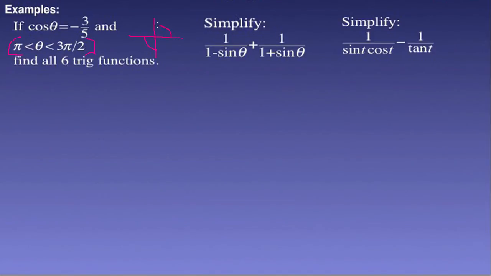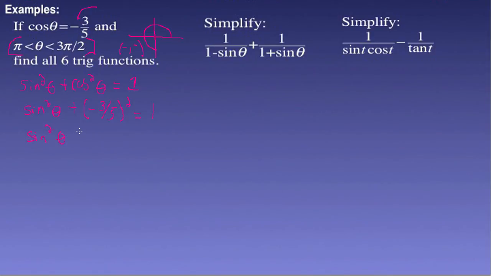I started here, and I'm going to wind up somewhere in quadrant 3, which means both parts of the ordered pair, both the x and y, are going to be negative. So far that makes sense because cosine, which is x, is indeed -3/5. If I use my identity sine squared theta plus cosine squared theta equals 1, and substitute -3/5 for cosine, I have sine squared theta plus (-3/5) squared equals 1.